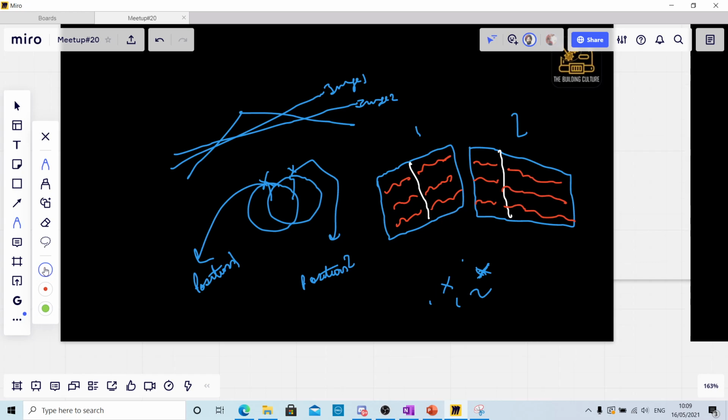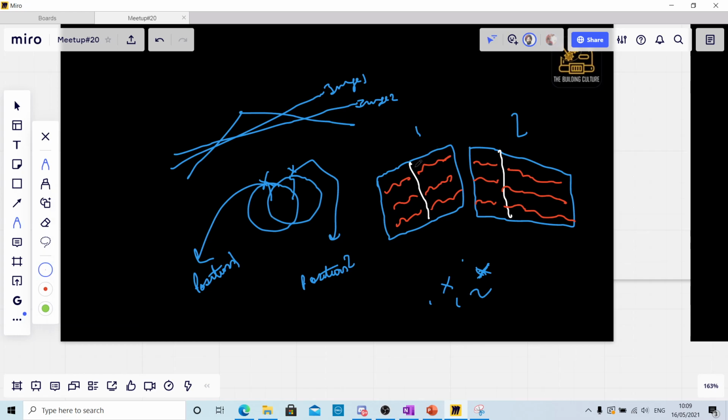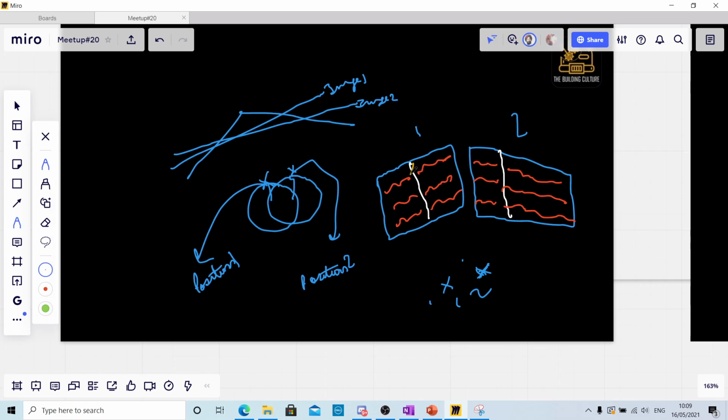The visual SLAM approach, crudely speaking, finds these key points. So let's say these are several key points, and these are the positions. So basically it does a sort of triangulation.